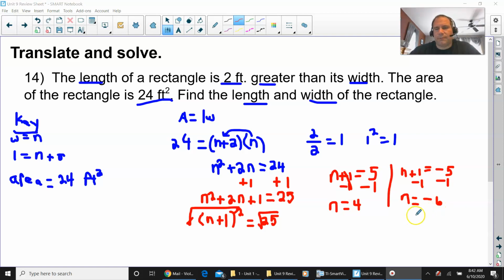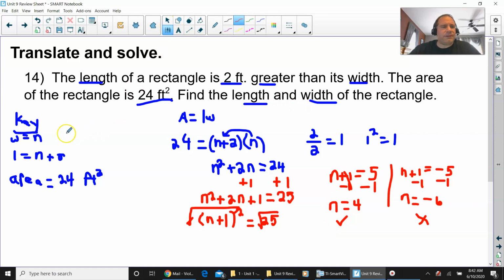So the only one we could use is 4, because you can't have a negative length or width. You can't have a negative measurement. So this one we are not going to use. We're going to use n as 4.